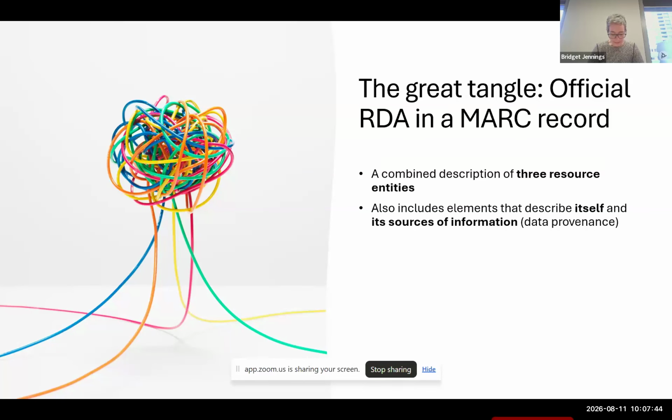A MARC bibliographic record is how we put a resource's description onto computer and make it accessible. It's familiar and it basically works. But when thinking about content description through an RDA lens, including an original RDA lens, MARC can obscure your vision. MARC makes the bibliographic record look like one story told from start to finish, from top to bottom.